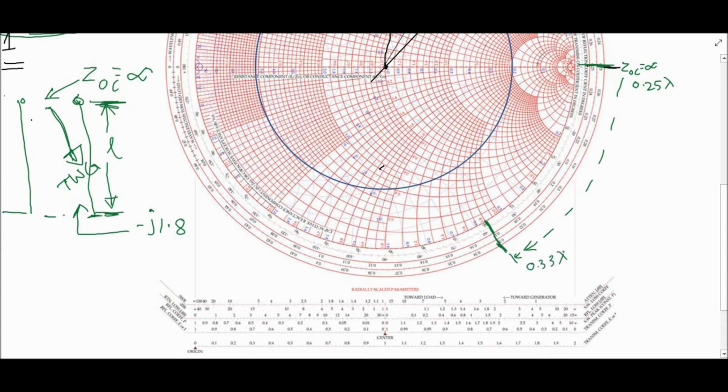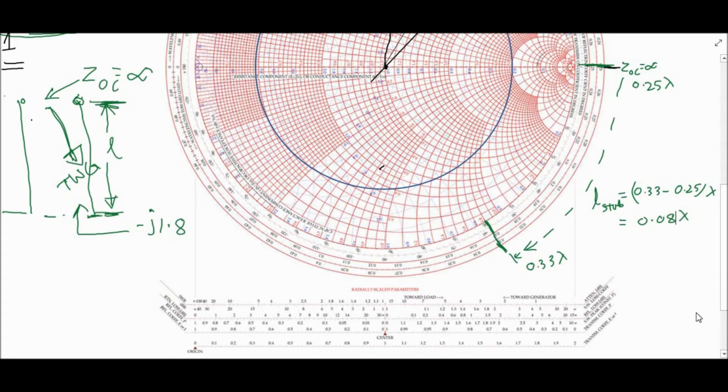So now the distance from here to here is the stub length. So length of a stub will be 0.33 minus 0.25 lambda. So that will be 0.08 lambda.